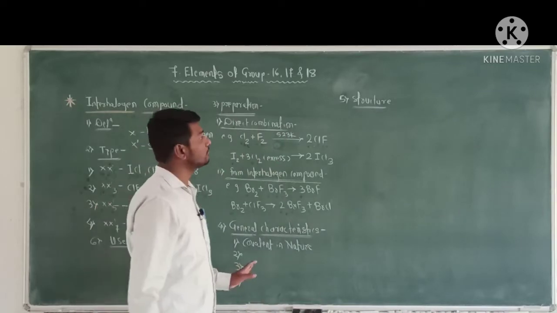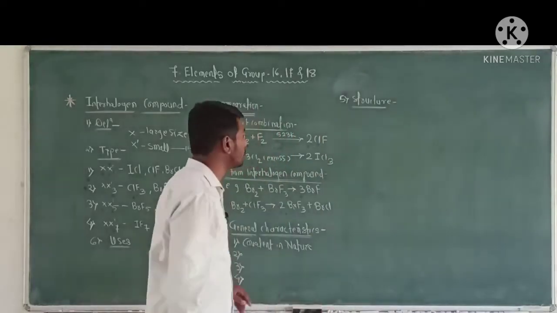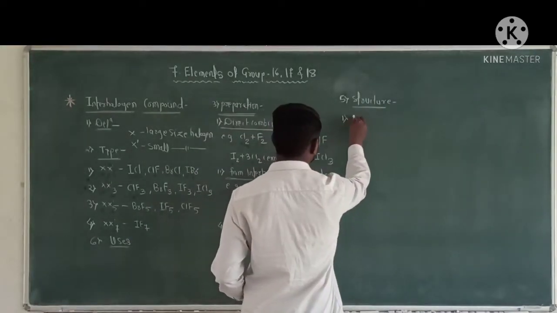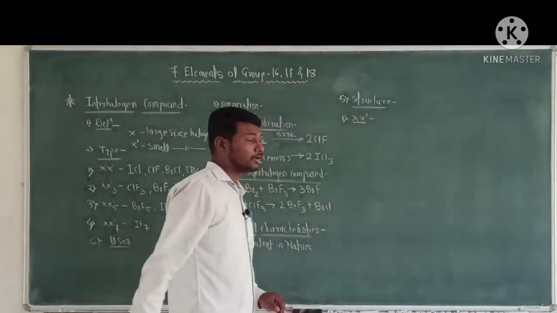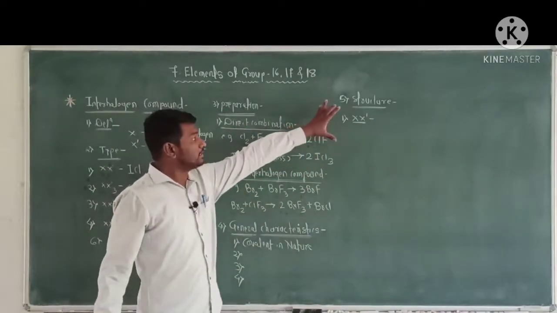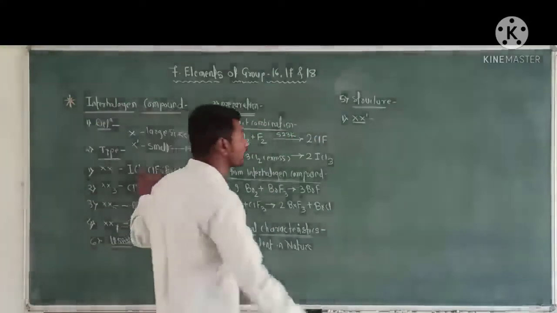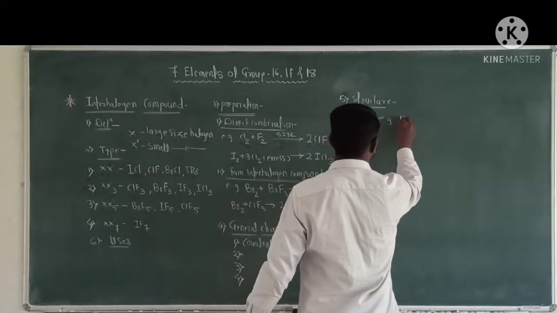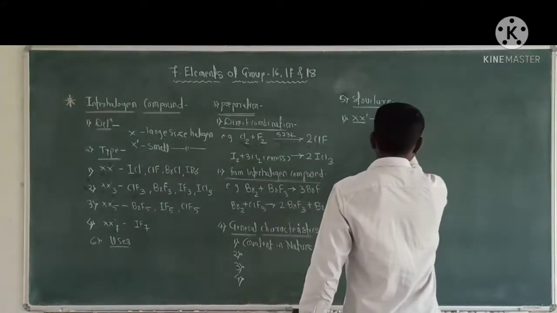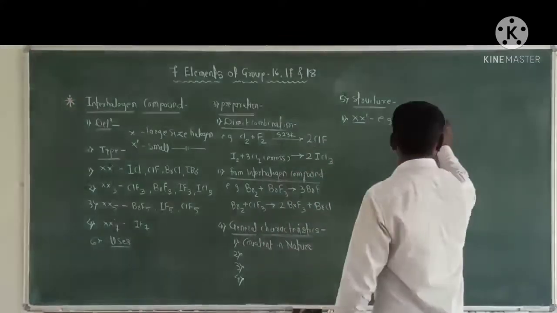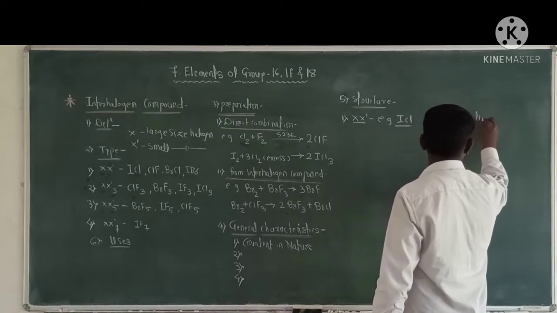Now next, fifth point, structure of interhalogen compounds. First type, X X dash. These types of interhalogen compounds have a linear structure. For example, ICl has a linear structure.